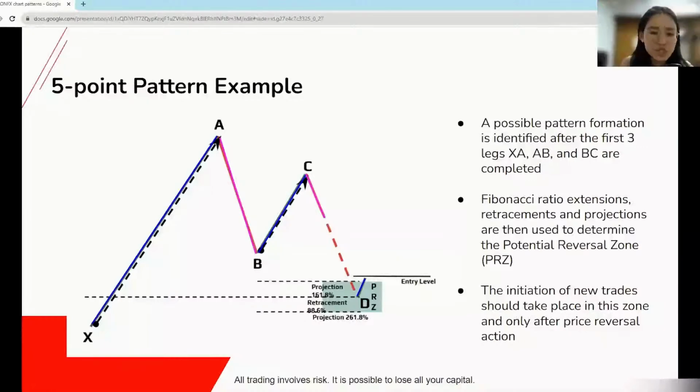The Fibonacci ratio extensions, retracements, and projections are then used to determine the potential reversal zones. All harmonic patterns have a clearly predefined potential reversal zone, and the initiation of new trades should take place in this zone, so over here, and only after price reversal action, so after price breaks out of this B level here.